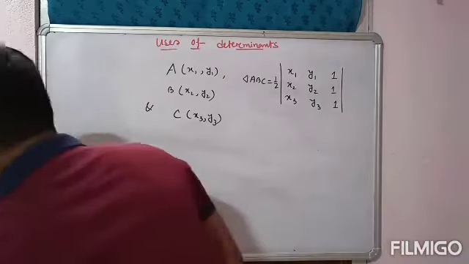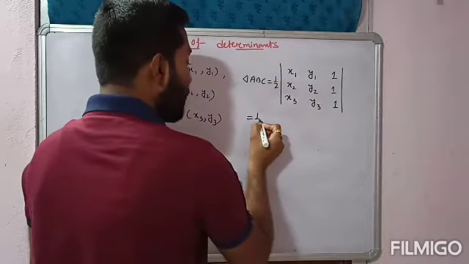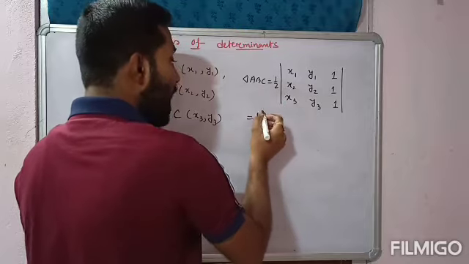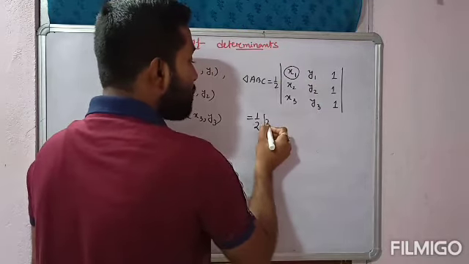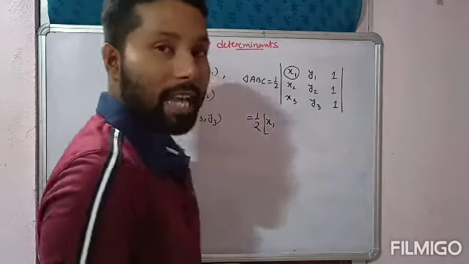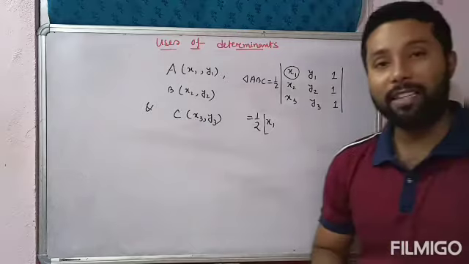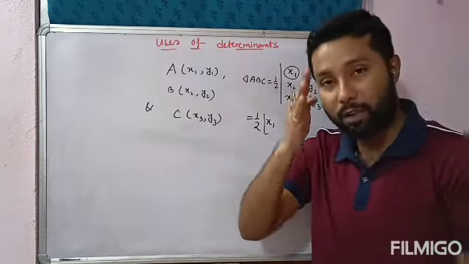Now see, if I expand this, what will you get? Half into, the half will remain. What is the first element of this determinant? x1. You know how to expand. In the last class I explained how to expand a determinant of order 3. The first element is x1, so write x1, then delete the position of x1.